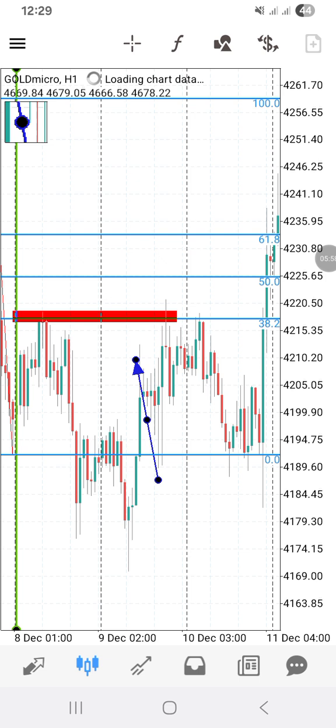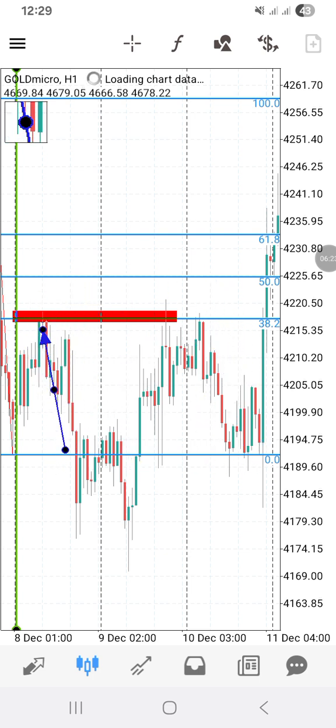Remember, guys, Fibonacci does not mean that if you place it on this day, it won't work the next day. Yes, it can work for this day, and it can also work for the next day. Why? It depends on the level of block orders placed at that place, for those coming at that current time.